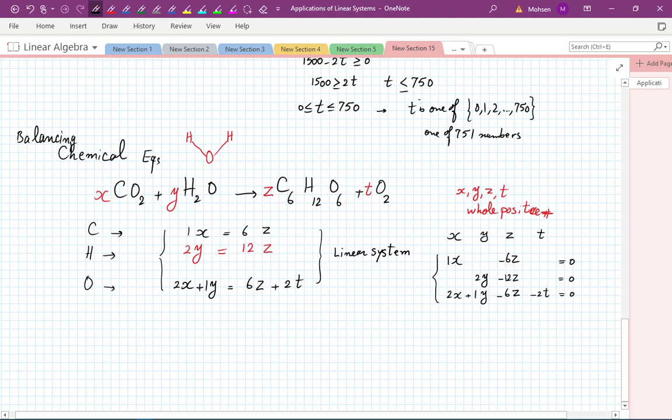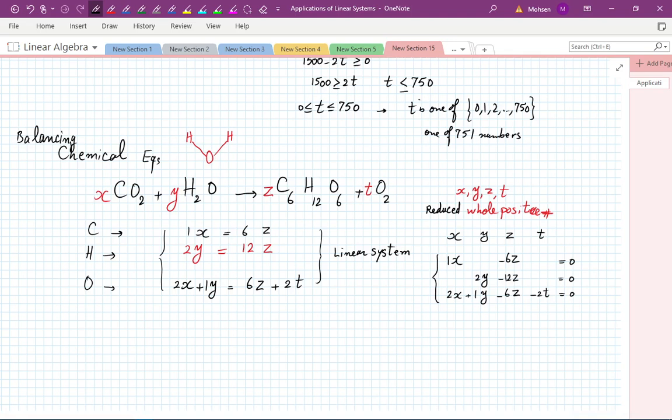So it is the convention that the numbers that you get not only have to be whole positive numbers, but also they have to be reduced, meaning we don't want to multiply everything by a certain number and create some huge numbers, but we want to have the smallest whole numbers that work in the equation.